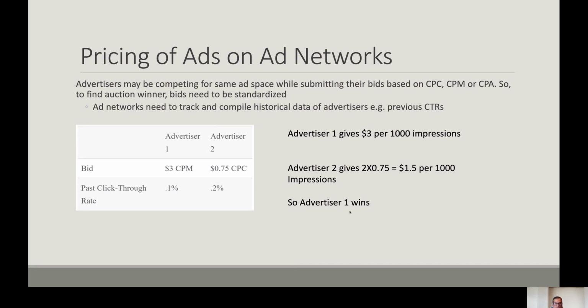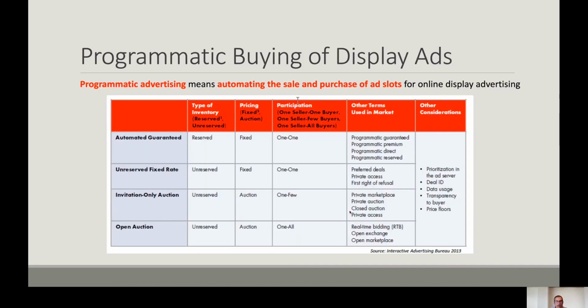So therefore, you can see that advertiser 1 is going to pay more to the ad network, and therefore advertiser 1 is going to win the auction, right? So this is the broad idea behind how a resolution is done in an auction where multiple advertisers may have chosen different metrics to put in their bids. Okay.